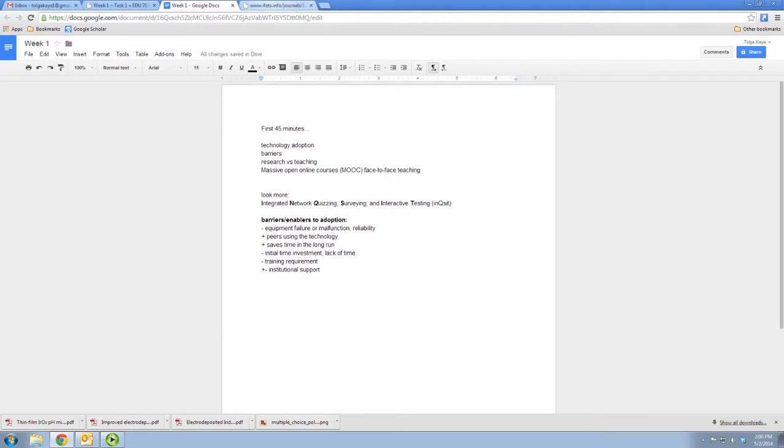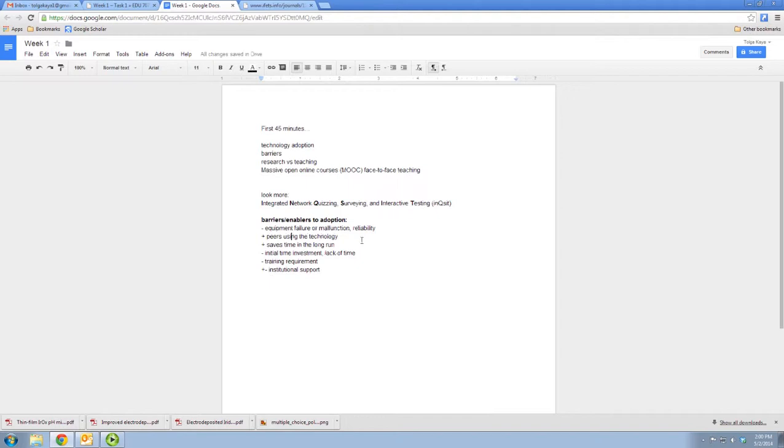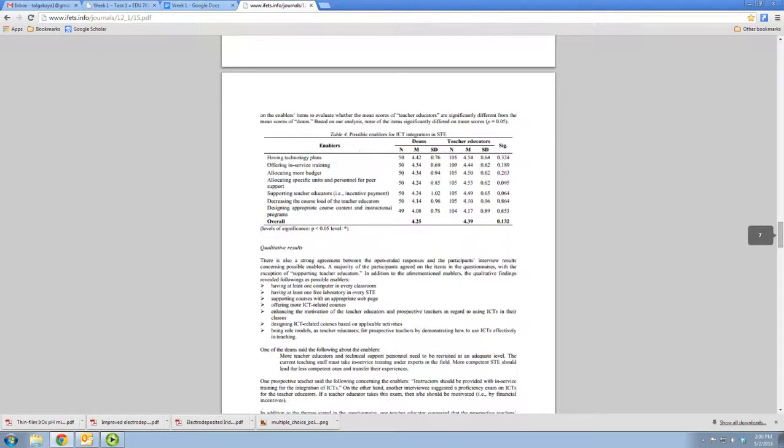What's the other one? Budget. Well, I guess it goes with the institutional support, isn't it? I'll just say it here, budget. I'll say this. This is nice. Qualitative results. Having at least one computer in every classroom, having at least one free lab.